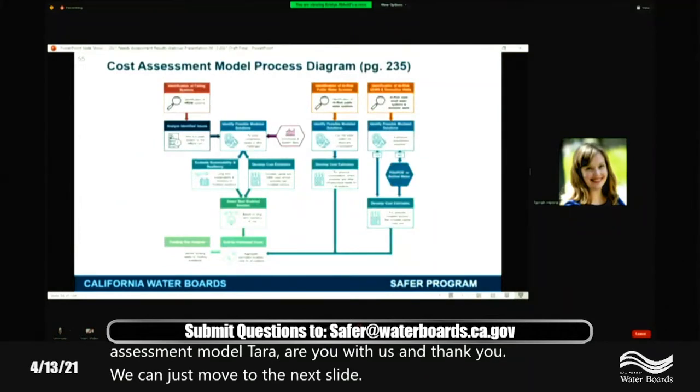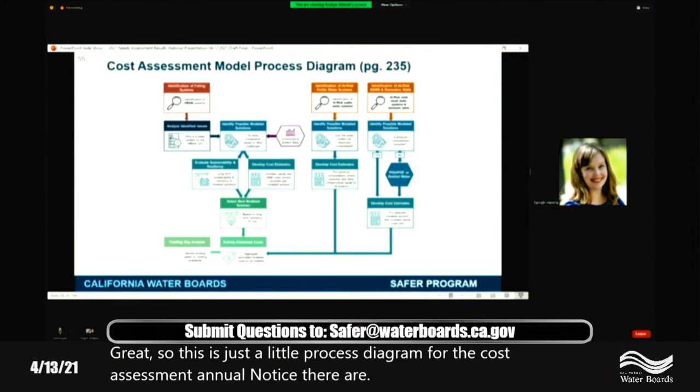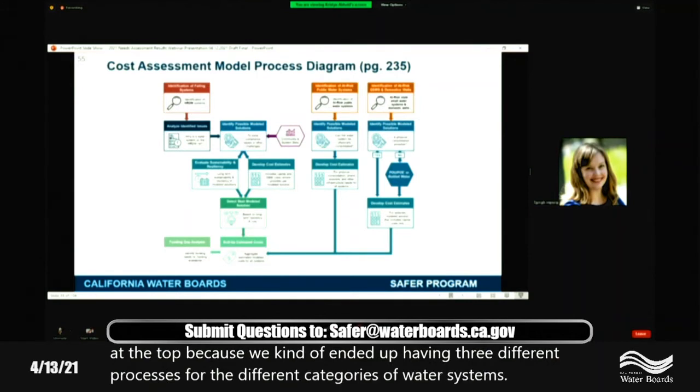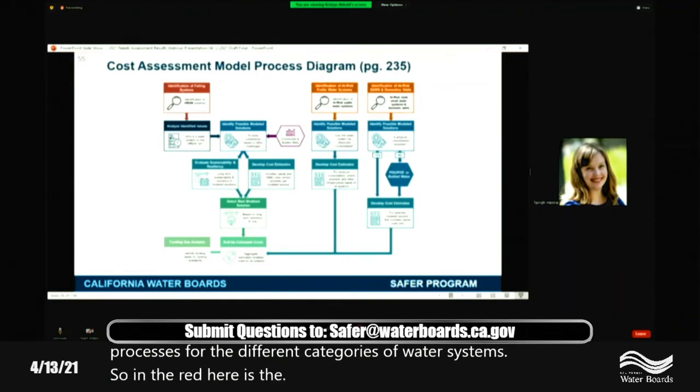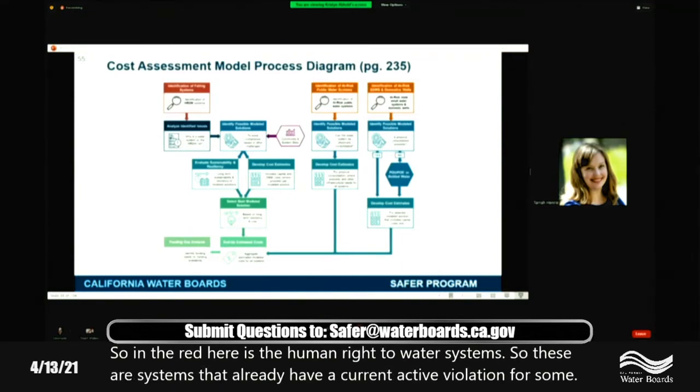Great, so this is just a little process diagram for the cost assessment, and you'll notice there are 3 different boxes here at the top because we ended up having 3 different processes for the different categories of water systems. In the red here is the human right to water systems. So these are systems that already have a current active violation for some sort of water quality parameter.